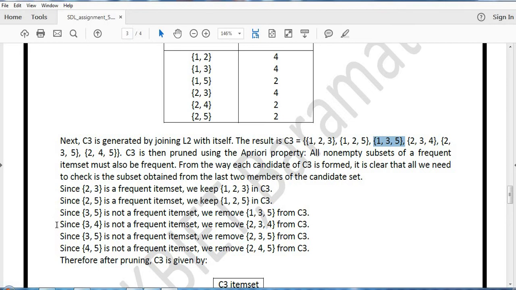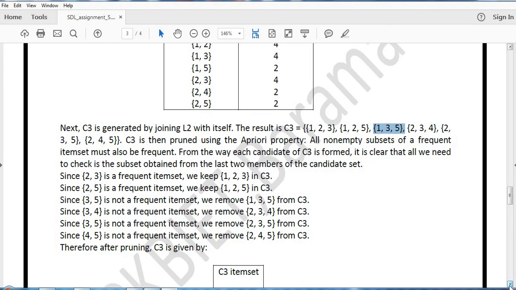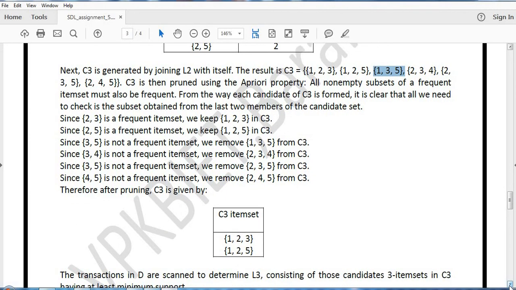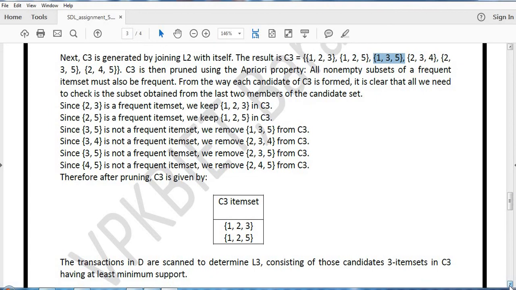Then 4 5 is not a frequent item set, so again we remove 2 4 5. So how many sets are removed? We have removed 1 3 5, 2 3 4, 2 3 5 and 2 4 5. The remaining are 1 2 3 and 1 2 5, so our candidate set C3 will be 1 2 3 and 1 2 5.